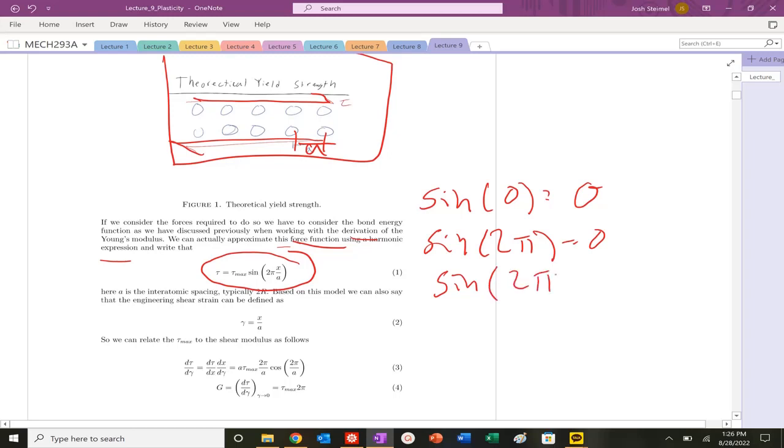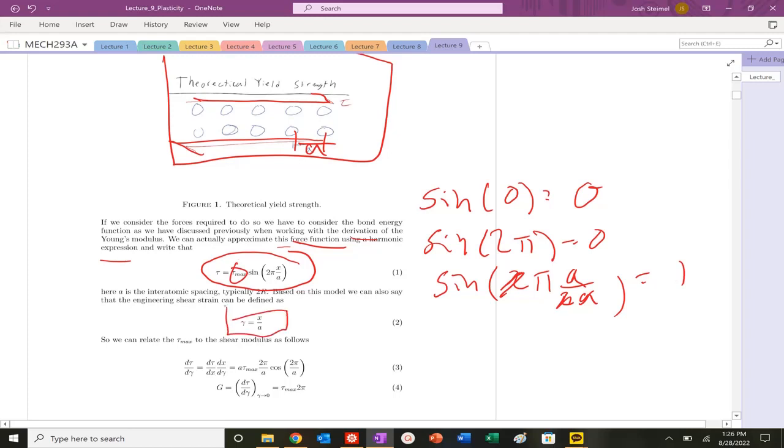My shear stress should be maximized when I'm at a distance x equals a over 2. So at sine of pi, I know that's going to be equal to 1. There, my shear stress will be the maximum shear stress. So we can cancel that out, pi, and then we're basically good to go here.